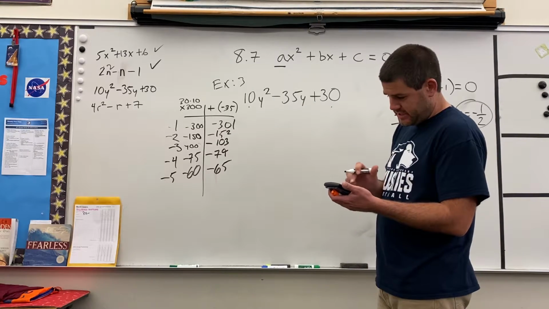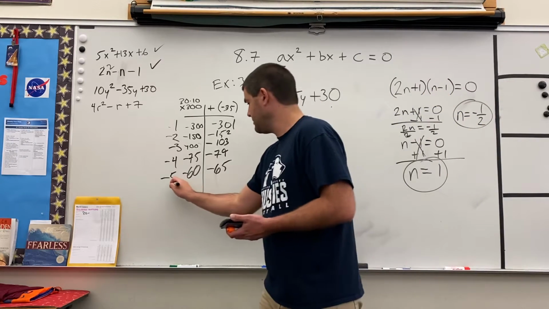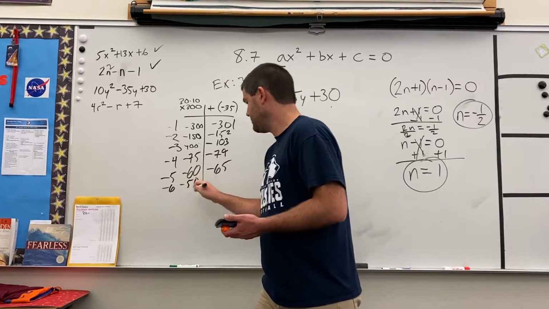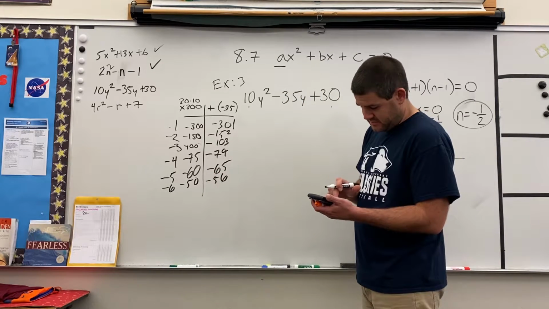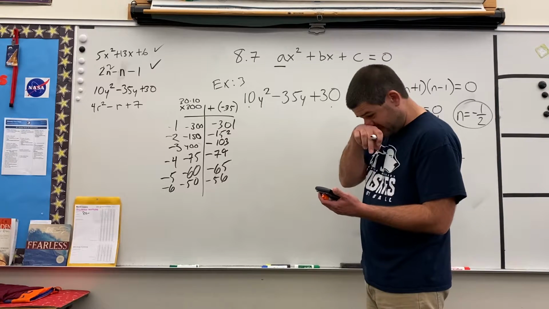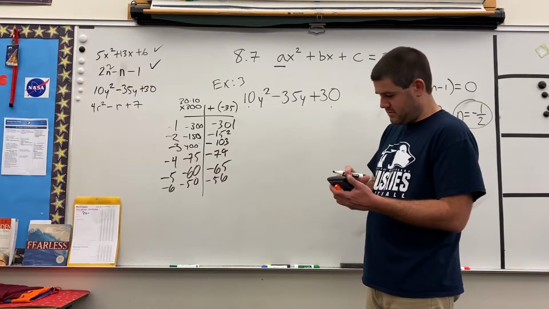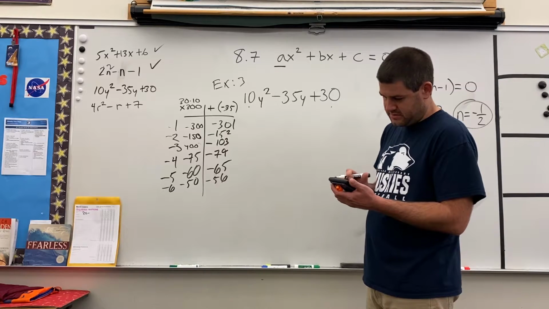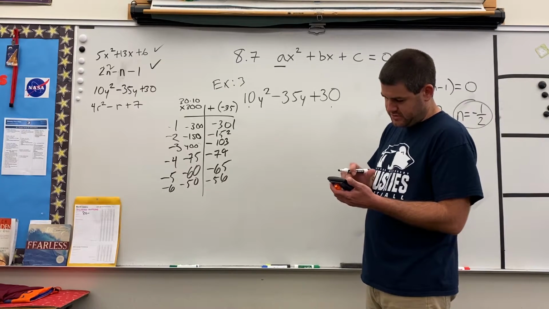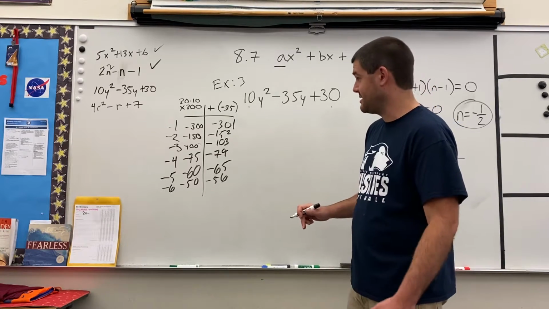So 300 divided by 6 gets us 50. That gives us a negative 56. That's not it. So 300 divided by 7, I don't think that's going to come out nice, and it doesn't. 300 divided by 8, nope. 300 divided by 9, nope. 300 divided by 10, well, I know that's going to be 30 and 10.